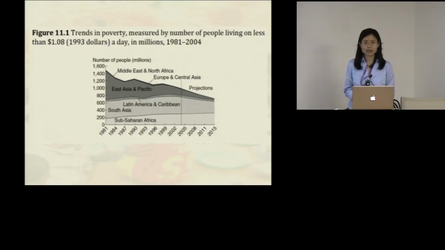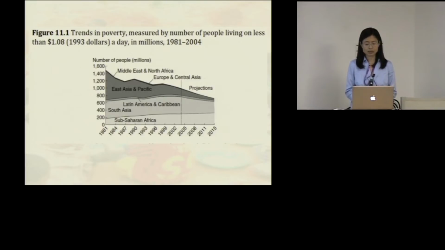This figure is from your book, chapter 11. It describes the trends in poverty measured by number of people living on less than $1.08 a day from 1981 to 2004.